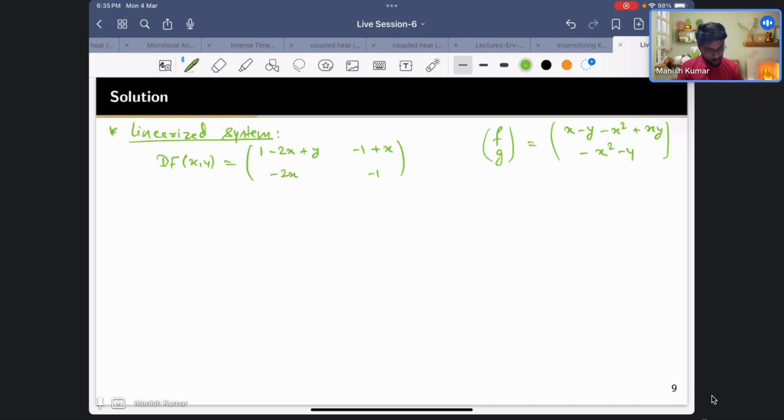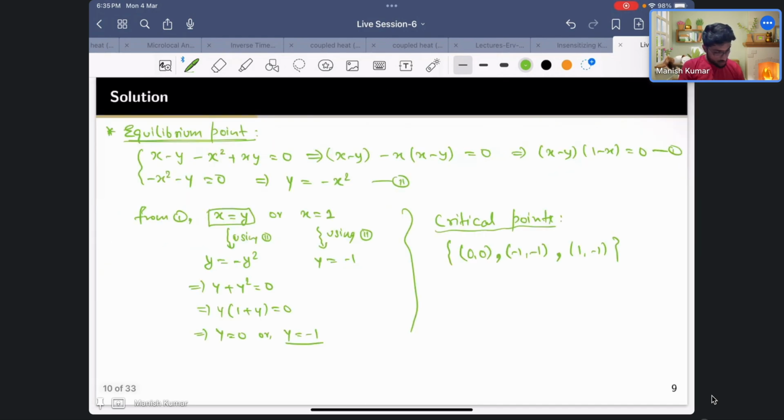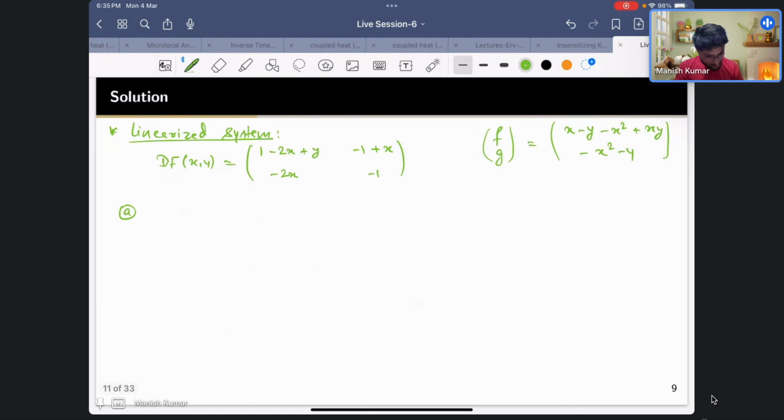So this is the Jacobian matrix. I'll call the cases A, B and C. In case A the linearized system is y prime equal to Df(0, 0) y, which is y prime equal to the matrix 1 minus 1, 0 minus 1.